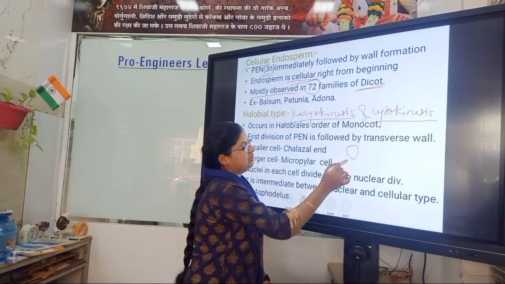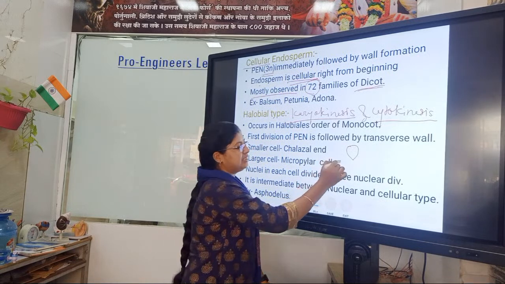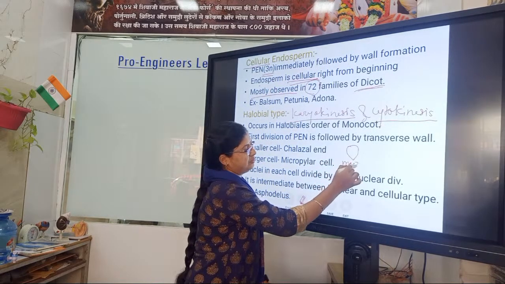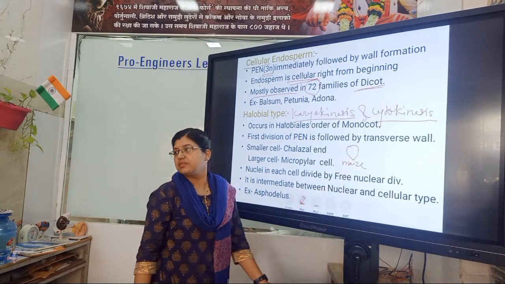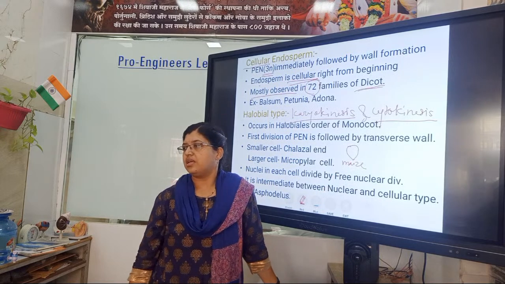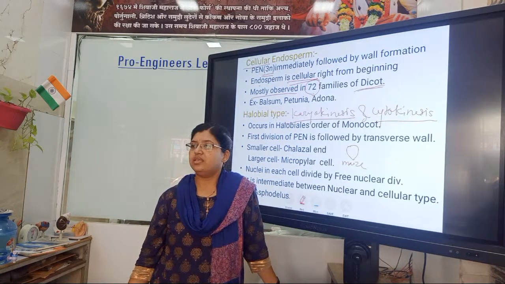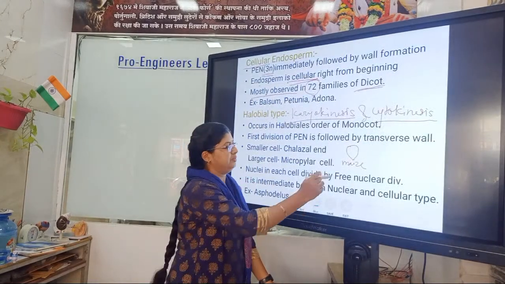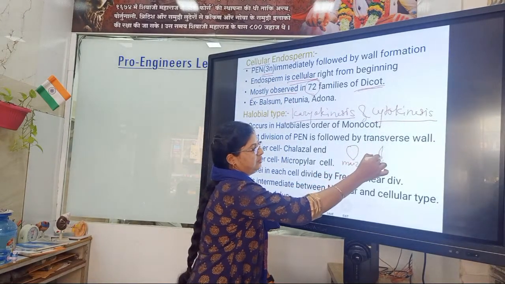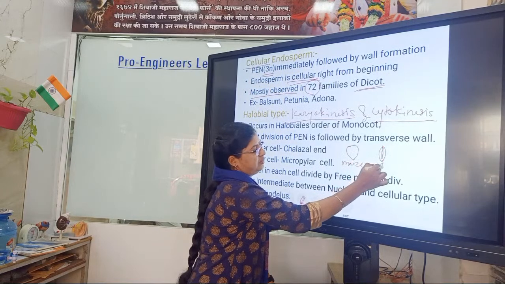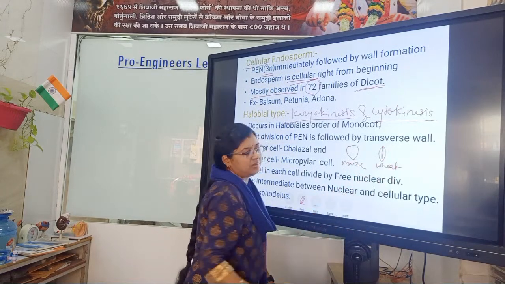Now, see, this is maize. Is it single seeded or double seeded? And wheat, is it dicot?